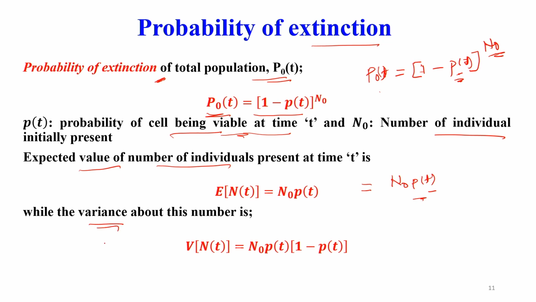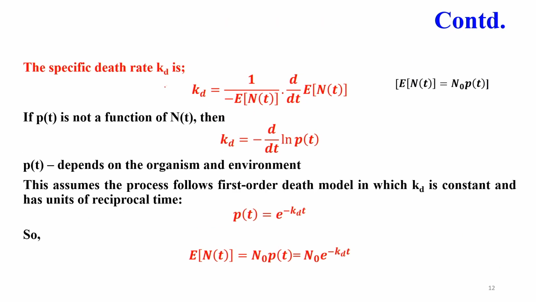What will be the variance here? Variance will be N naught p t, expected number of cells, into 1 minus p into t. So, this is the variance about this number. Now, again we can write the expression of specific death rate. How do we write specific death rate?